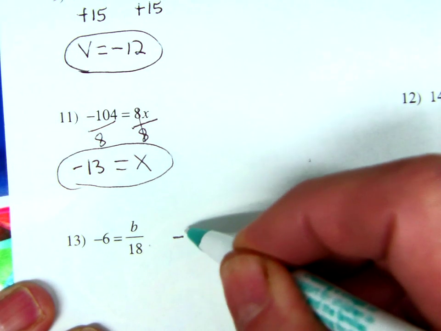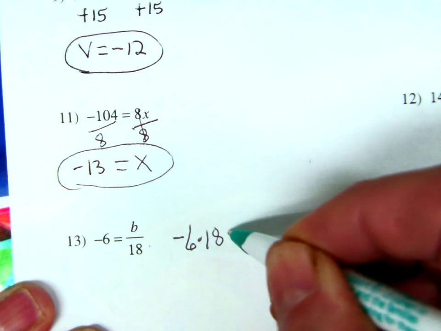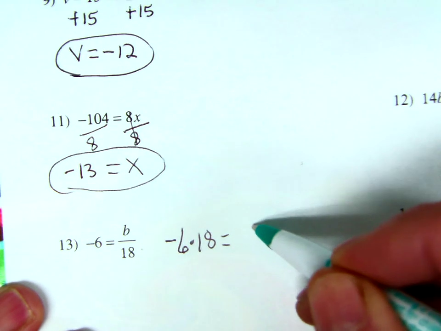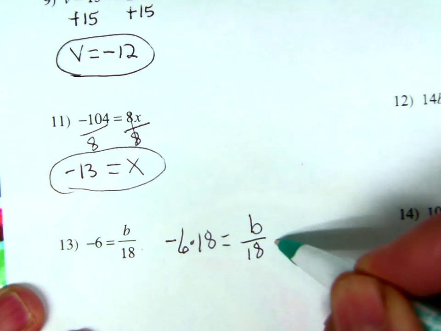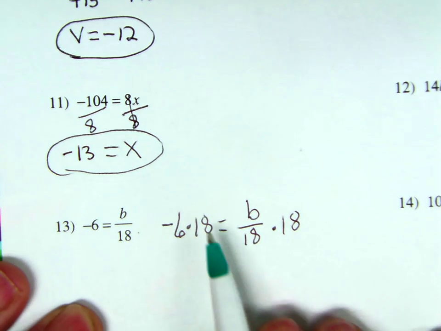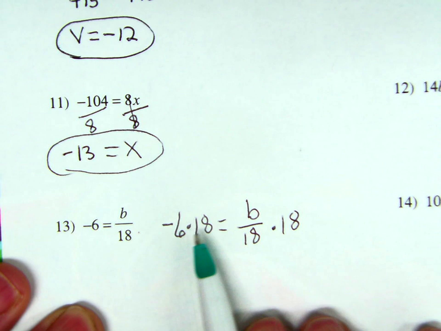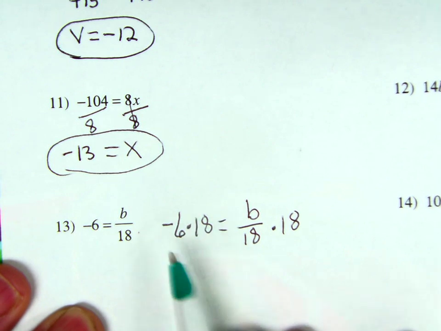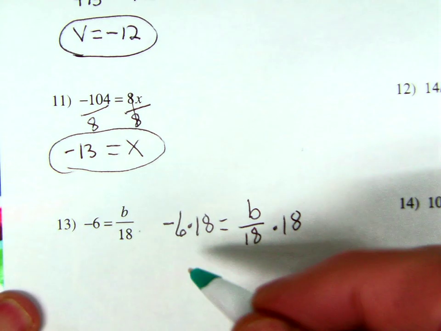I'm going to write this out right here. What we're going to do is negative 6 times 18 equals b over 18 times 18. You'll notice I multiplied by 18 on both sides. This we have to complete in the calculator, and the calculator tells us that the answer is 108.